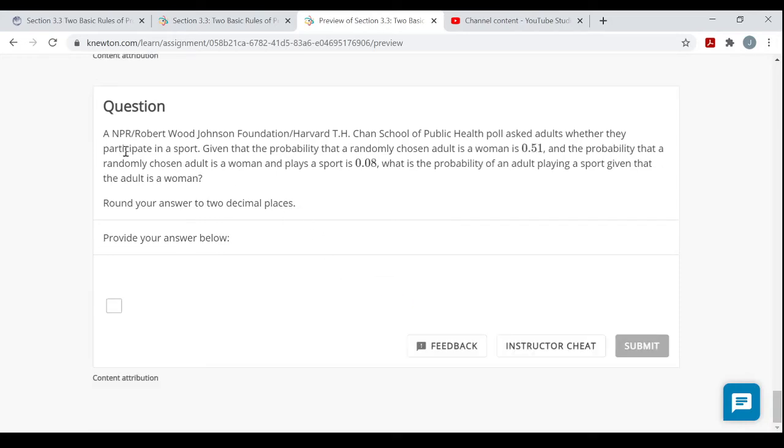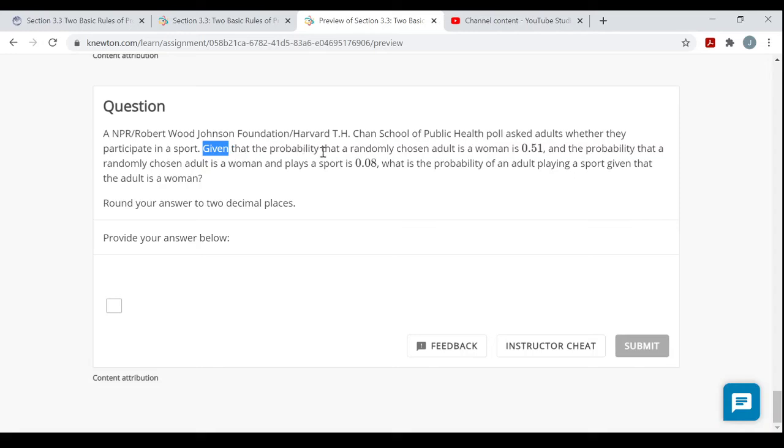So, an NPR Robert Wood Johnson Foundation / Harvard T.H. Chan School of Public Health poll, that's a mouthful, asked adults whether they participate in a sport. Notice again the word given here, telling me that there's probably some sort of conditional probability going on.